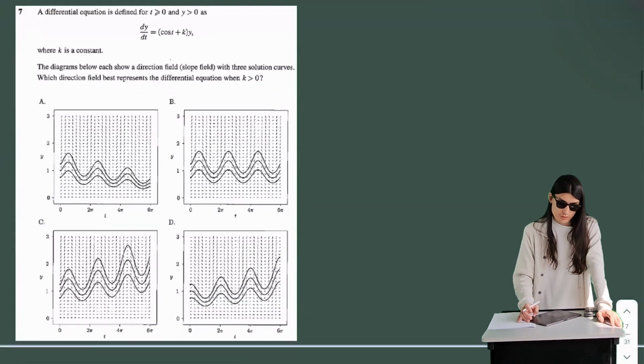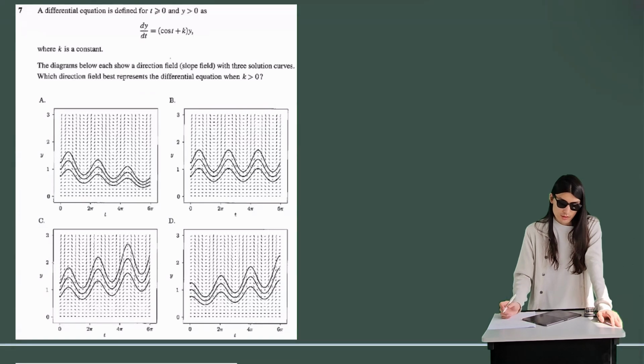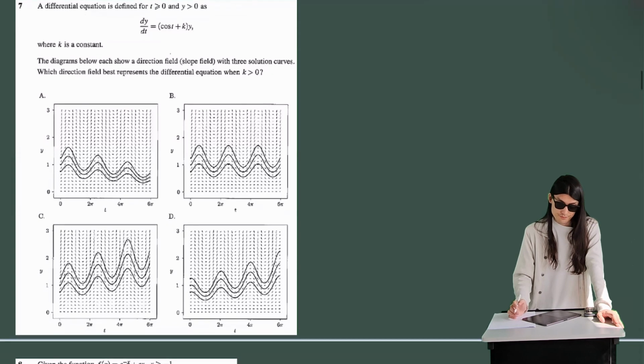That said, now to 7 we go. A differential equation is defined for t greater than or equal to 0 and y greater than 0 as, so we've got a differential equation given where k is a constant, and you've got slope fields shown in options A, B, C, and D. Which direction field best represents the differential equation when k is greater than 0?